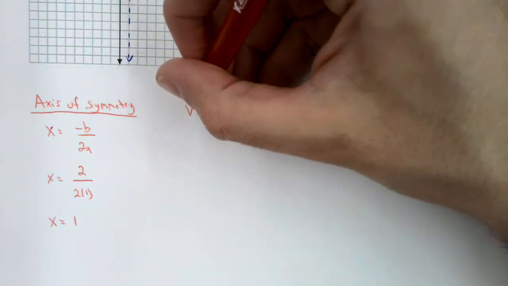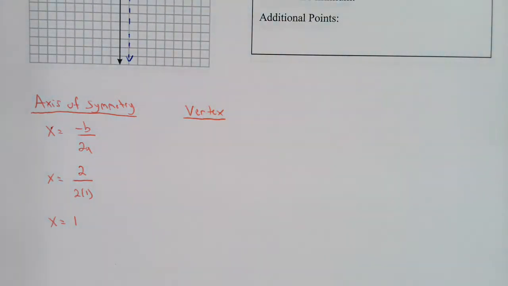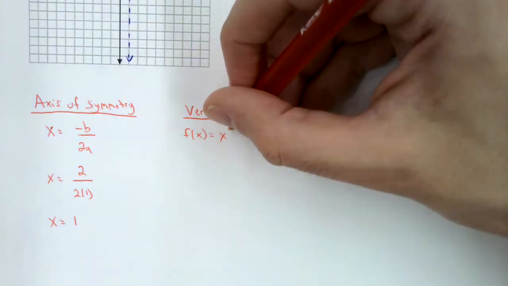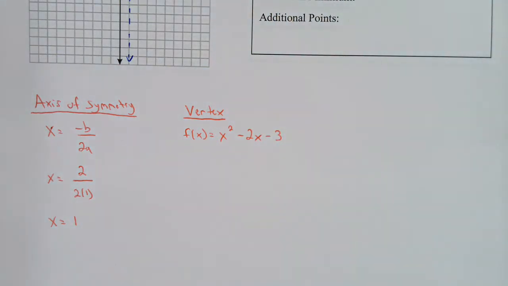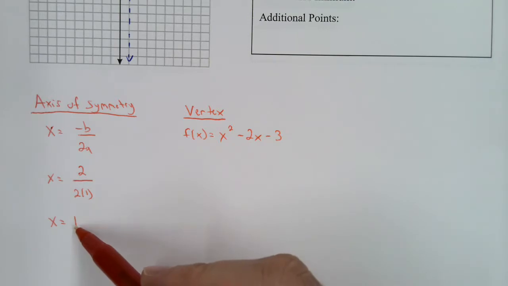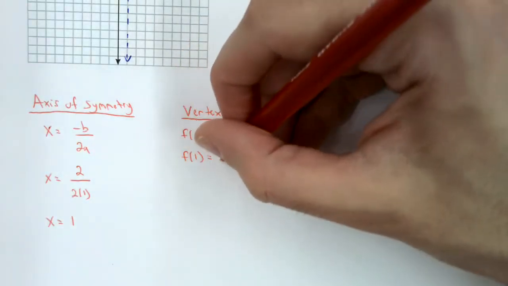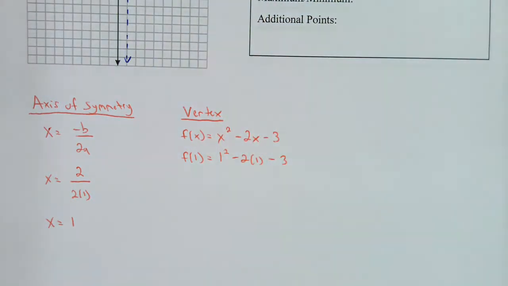So to get the vertex, I am just going to copy down the function above. It was f of x equals x squared minus 2x minus 3. To get the vertex, you substitute 1 in for x, because that's what we got from step 1. So f of 1 equals 1 squared minus 2 times 1 minus 3.